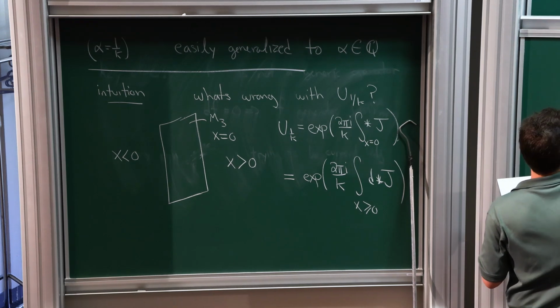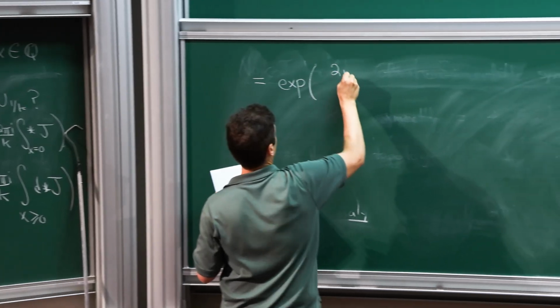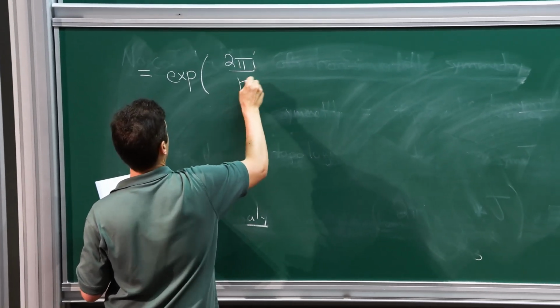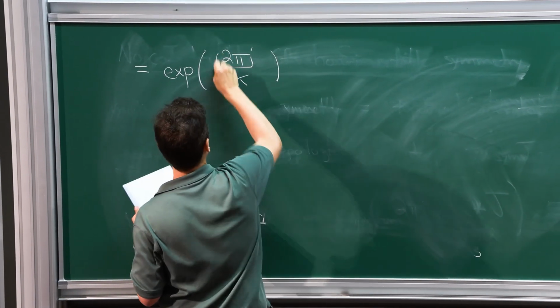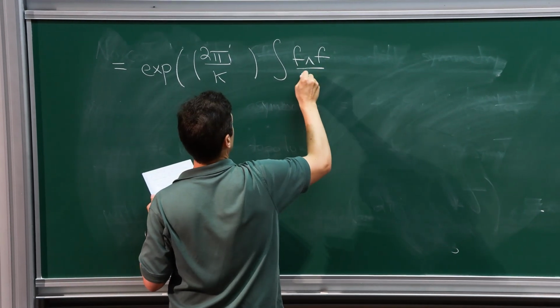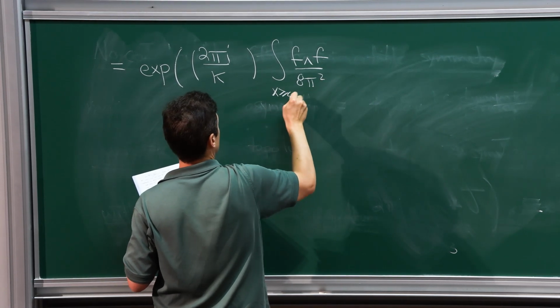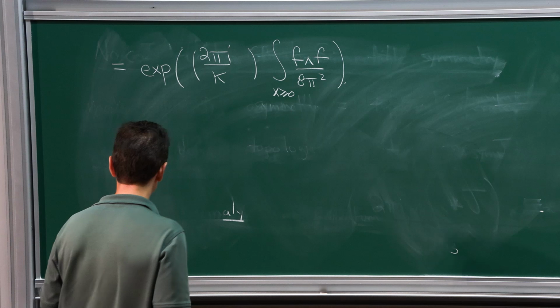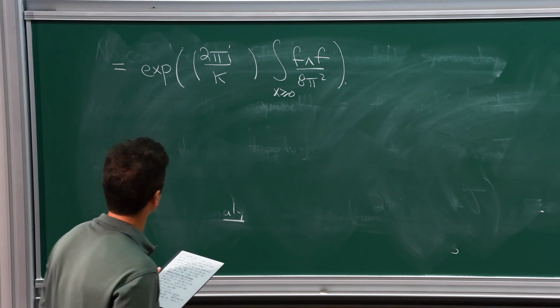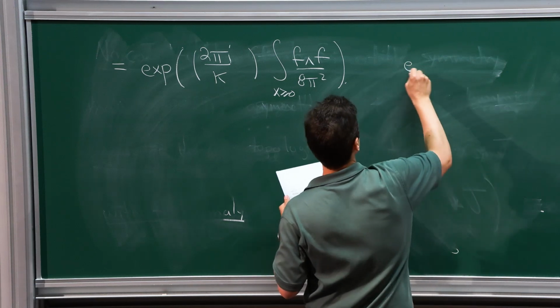We can write this as the exponential of 2 pi i over k, integral f wedge f over 8 pi squared, like that. What is that? It's an effective theta term.